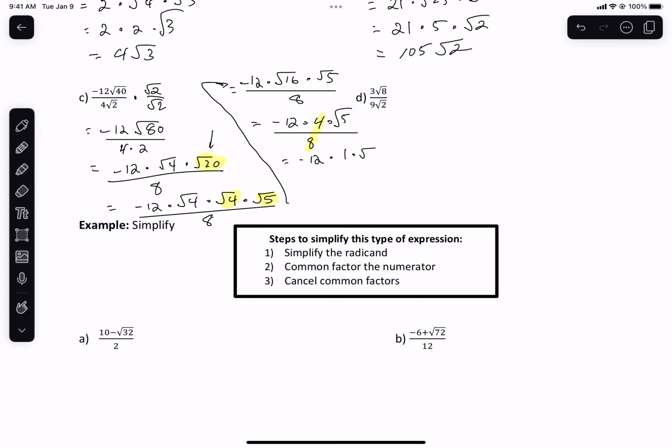Sorry, I didn't intend on showing this much work. Over 2. And then negative 12 divided by 2 would be negative 6 times root 5. That's your final answer.